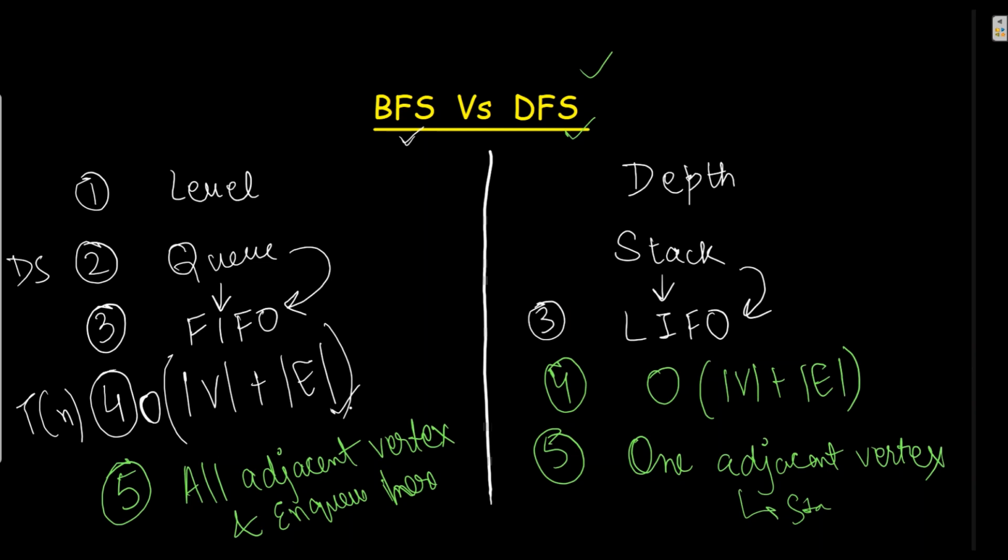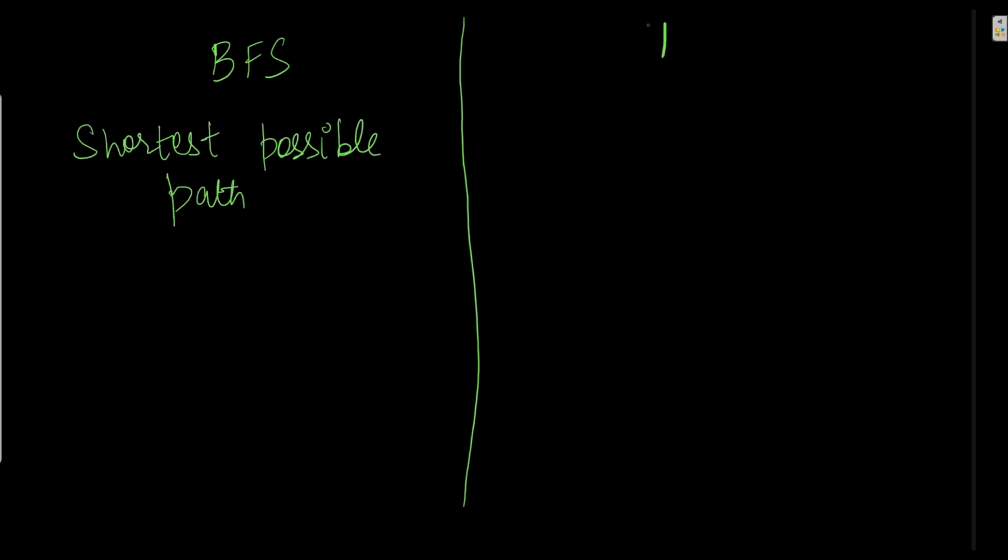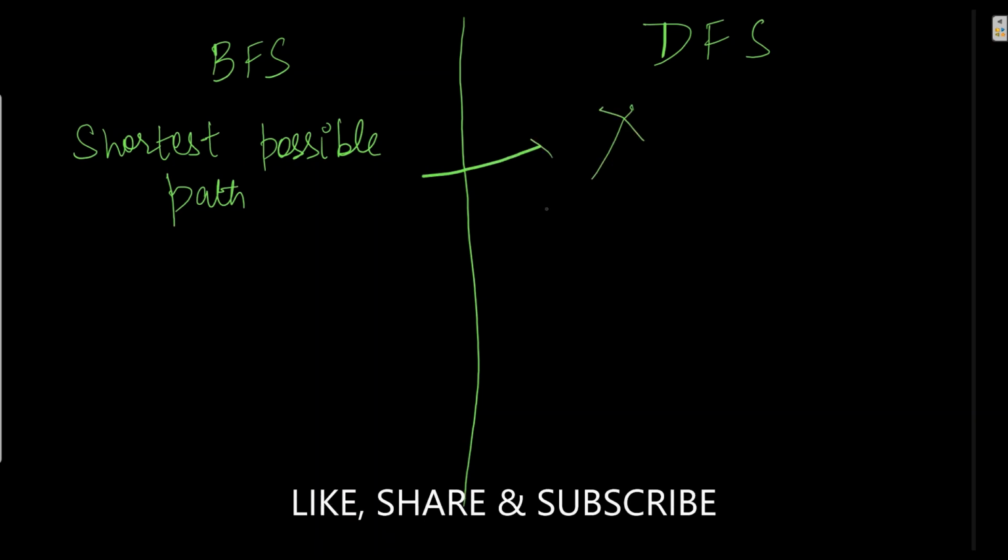Now coming to implementations. BFS is great for finding the shortest possible path, whereas DFS is not helpful in finding the shortest possible path, and we could end up following the longest path. What if the graph is deep enough?